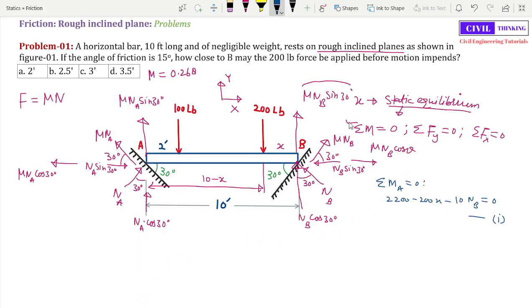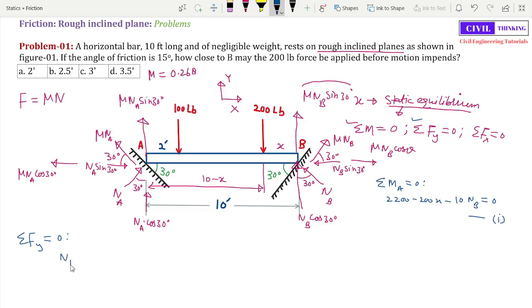Now we have applied summation of moment about any point is 0. Then we will apply summation of force about y-axis is 0. Okay, so let us apply this. Now I have told you the upward forces in the y direction are positive and the downward are negative. So this mu Na sine 30 and Na cos 30, they are both upwards, so they will be positive.